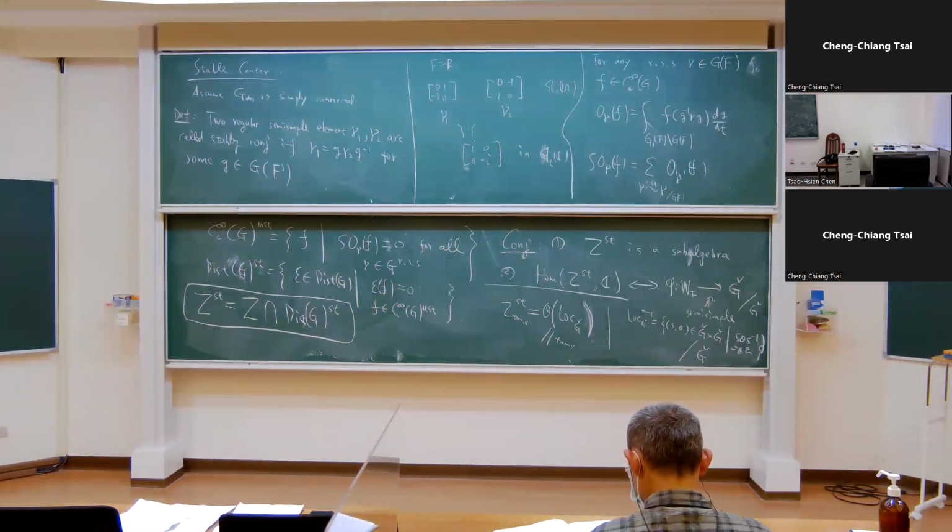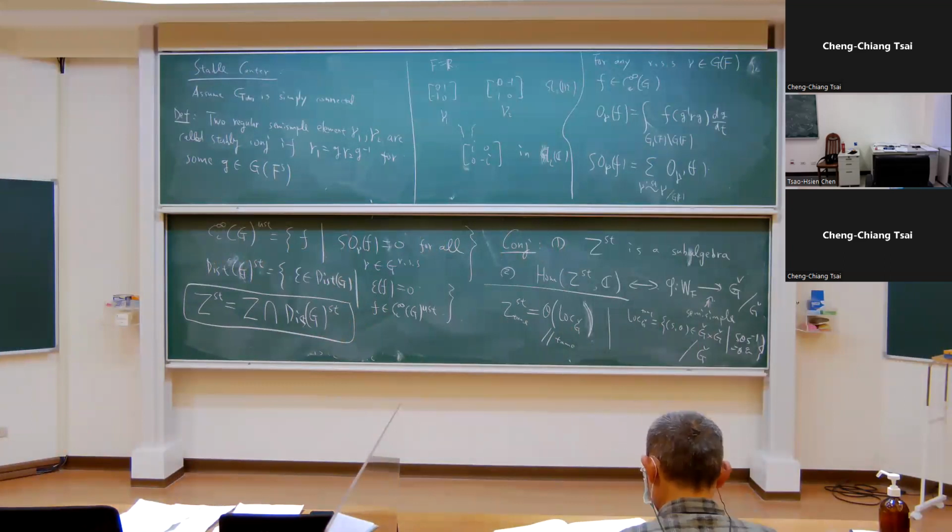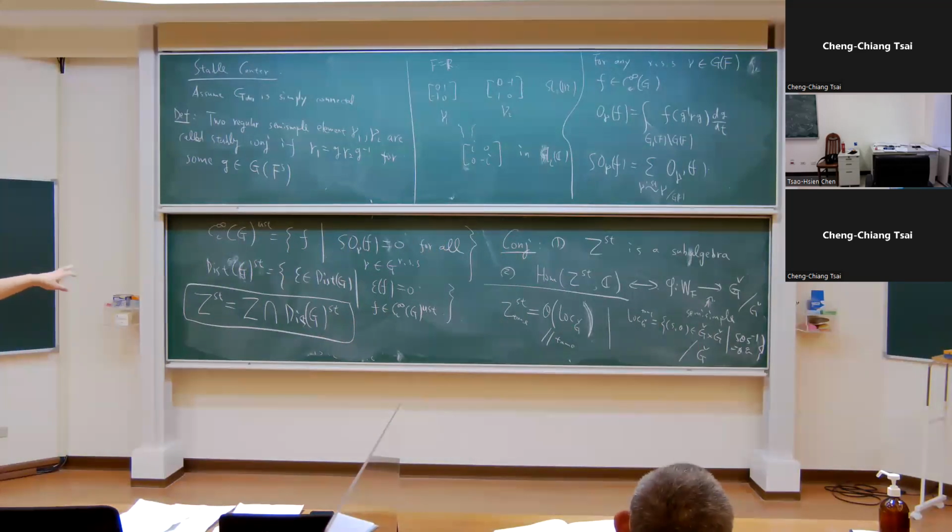Yes. That suggests that in this description you don't want to care about the difference. Also in the case of GL_n there's no difference, right? The stable center is the center, because for GL_n every distribution is stable.